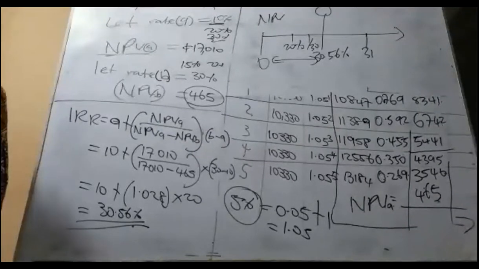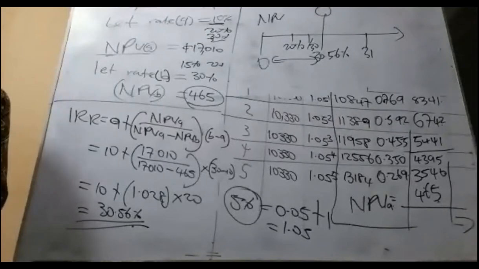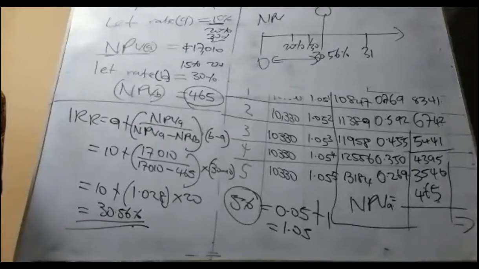Okay, here we are saying that the acceptance criteria for internal rate of return is that we accept projects that have an internal rate of return higher than the company's cost of capital. Accept projects whose internal rate of return is higher than the company's cost of capital.